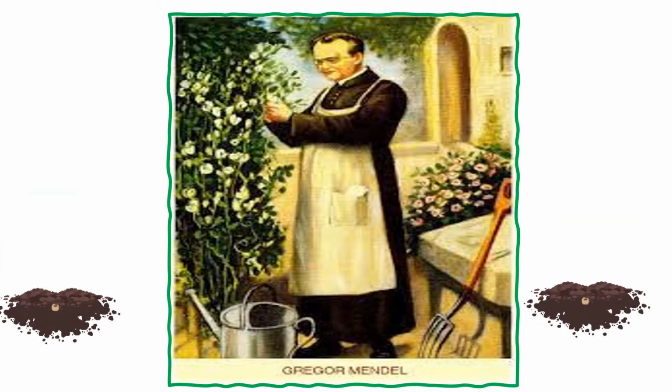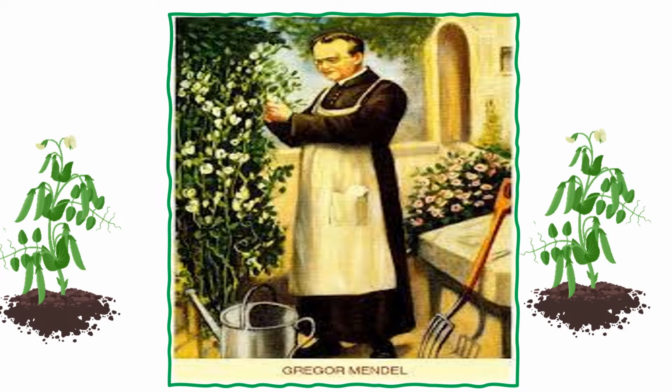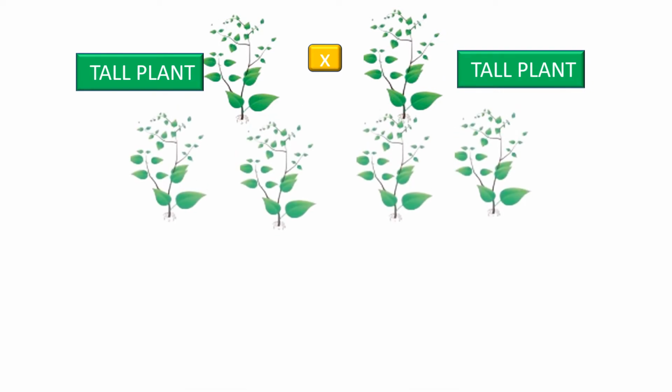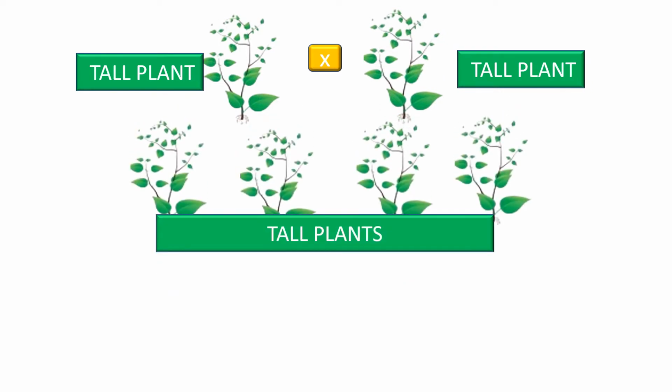How Mendel identified pure pea plants: he observed the transmission of a trait along several consequent generations by self-crossing the plants. Tall plants. All the daughter plants were tall. Then he self-pollinated the daughter plants.